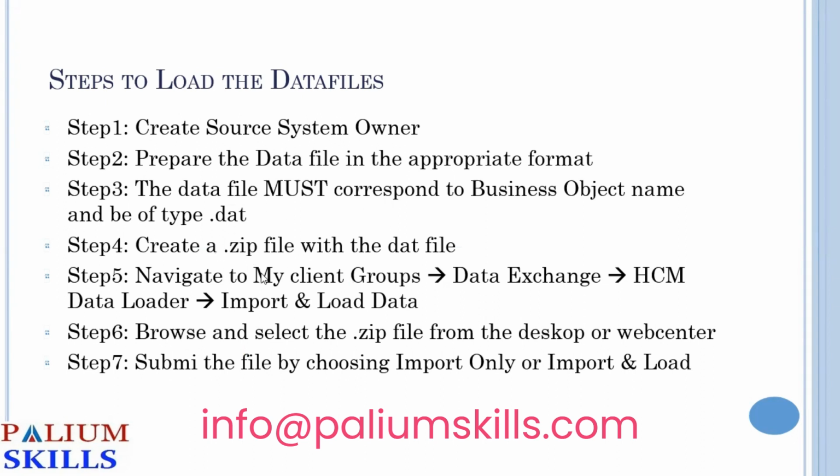Then you go to My Client Group, Data Exchange, HCM Data Loader, Import and Load Data. Browse and select the .zip file from the desktop or the web center, and then submit the file for processing by choosing either import only or import and load. You can select import and load so that everything gets done in one shot.